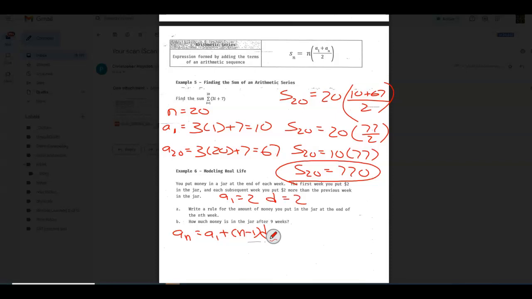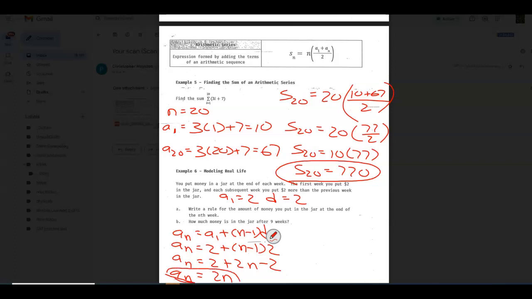So I come up with my rule. a_n equals 2 plus n minus 1 times 2. a_n equals 2 plus 2n minus 2. My a_n is 2n. That's the rule for the nth week. a_n is 2n.